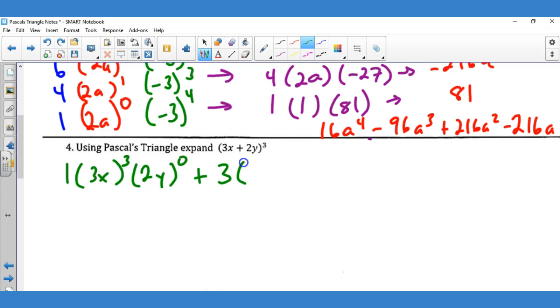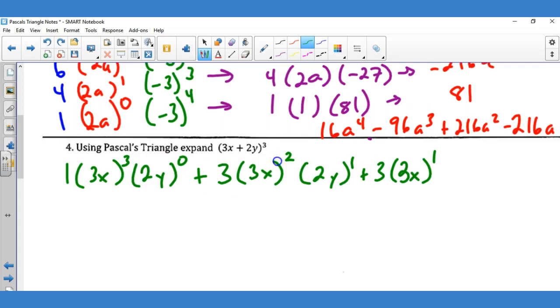3, and I have 3x. And I'm going to go squared because 3x first cubed. Now 3x squared. And I'm going to go 2y to the first. See? Go up 1. Then I'm going to go 3 again, and 3x to the first.